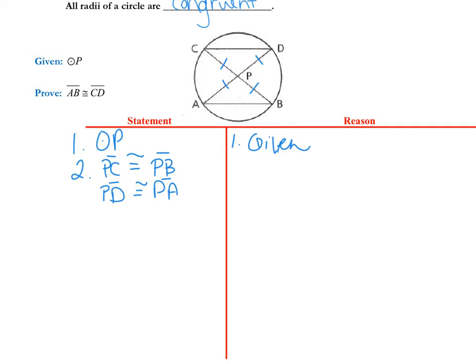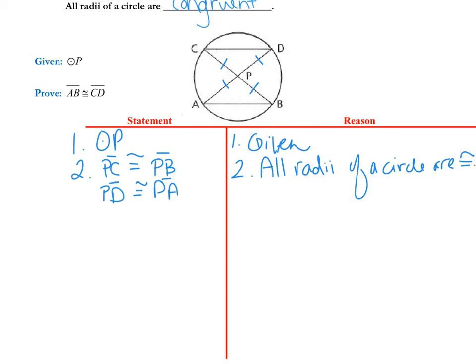Now, technically all four of these are congruent, but I set it up so that I have two pairs so that I can use a congruence postulate to prove the triangles congruent. So all radii of a circle are congruent. And yes, you need to write this one out.